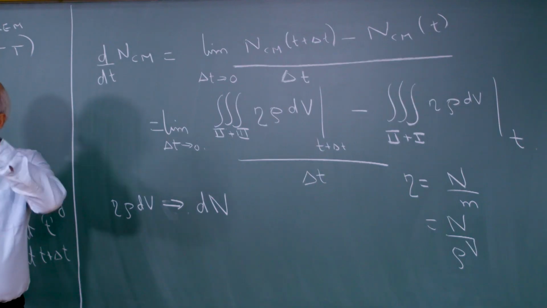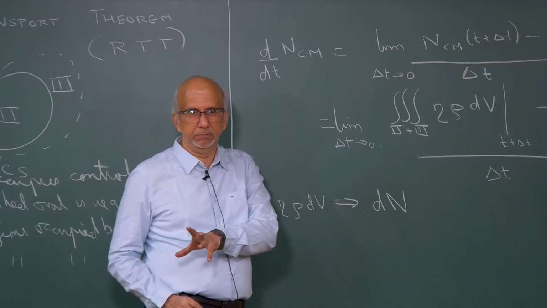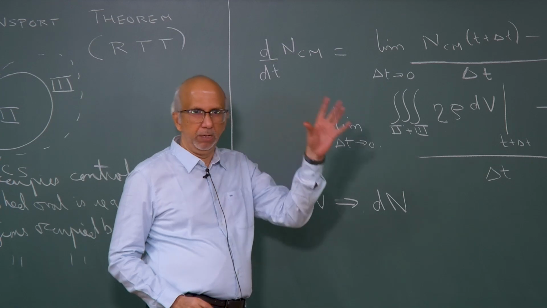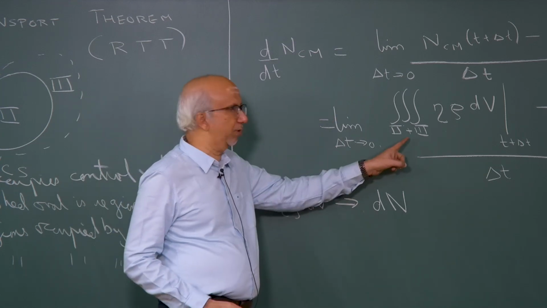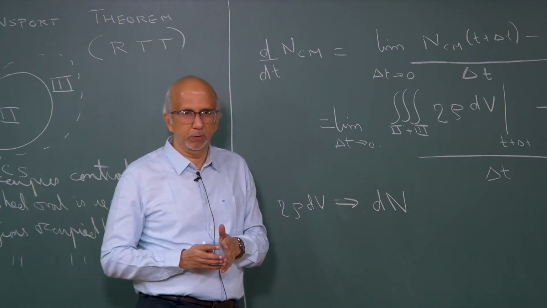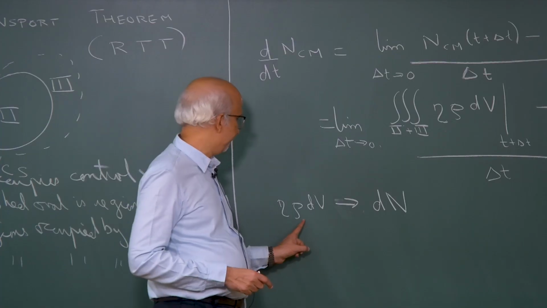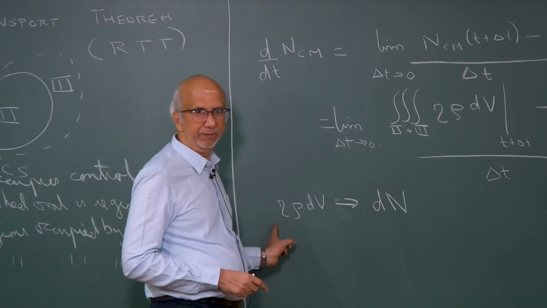Okay, and I am allowing for the velocity to change inside. Therefore, I have to integrate this over the entire region. I am not assuming it is constant everywhere. Okay. So, at different volume elements, my density can be different, my eta can be different.